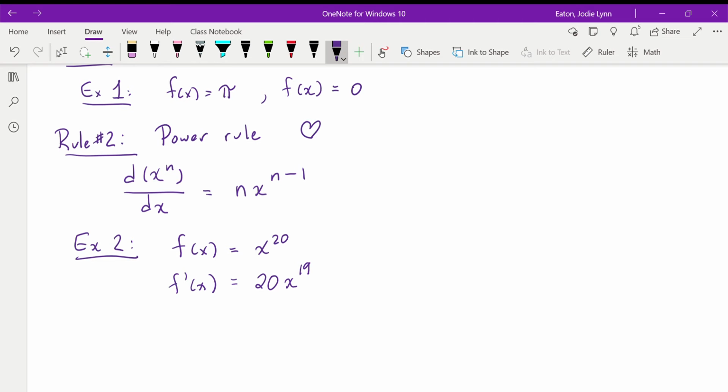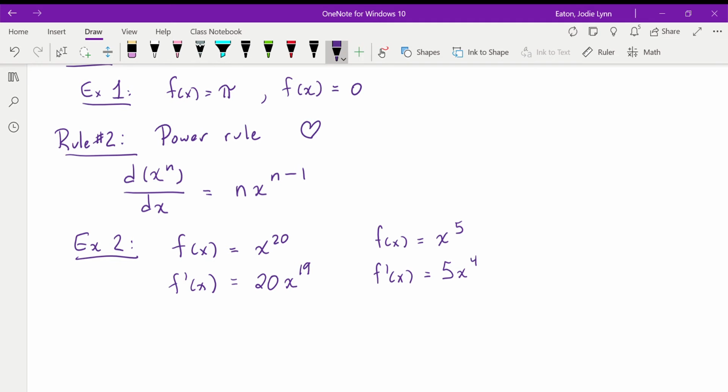So you're taking the original power and that will multiply your function, and you're dropping the value of the power by 1. Okay, let's look at another quick example. If we have f of x equals x to the power of 5, f prime of x equals 5x to the 4th. So we take the power out in front, multiply, and drop the power by 1.